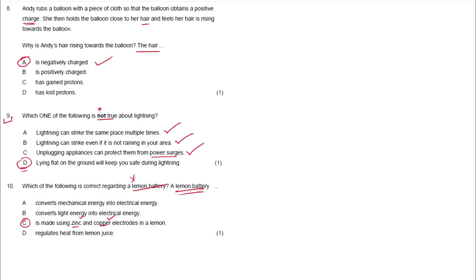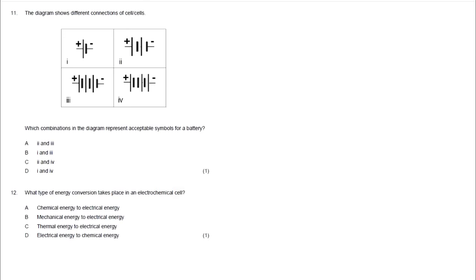Okay, and then next we will move to our next question, which will be question 11. Question 11 says that the diagram shows different connections of a cell or cells, right? We can see here that we have a positive side and a negative side.